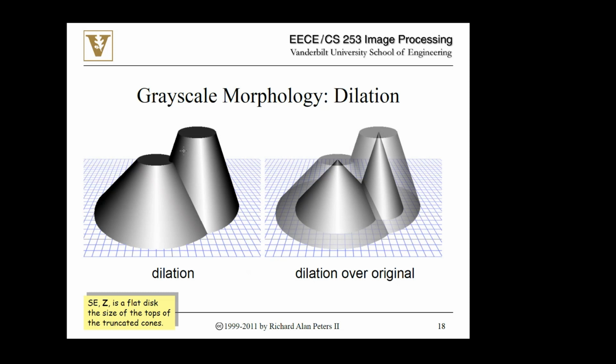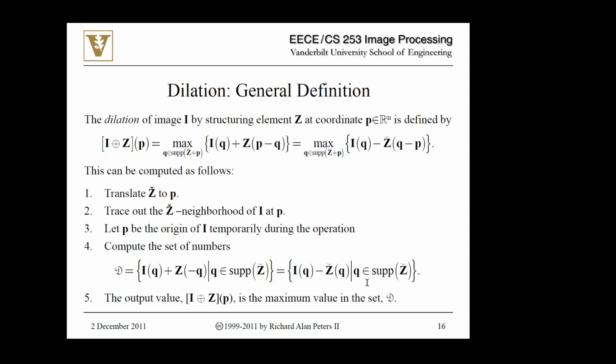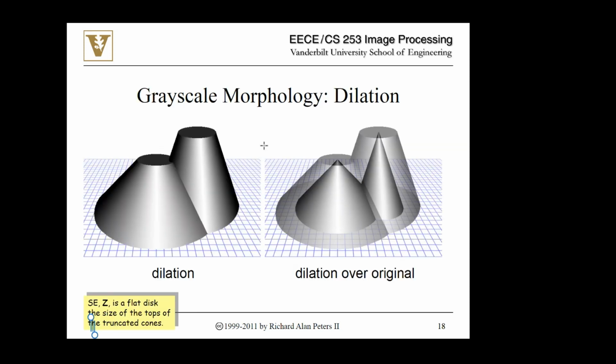Let's say that the disk is very far from the cones. Okay, so let's see the operation that we have to do. This one is shifting the kernel. So let's shift the kernel.